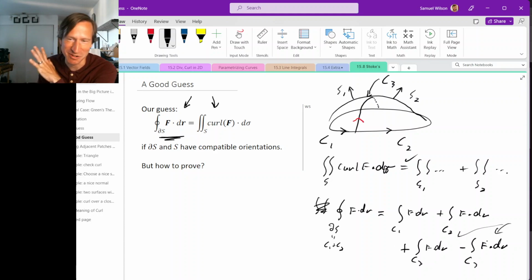I've added 0, so this doesn't change anything.